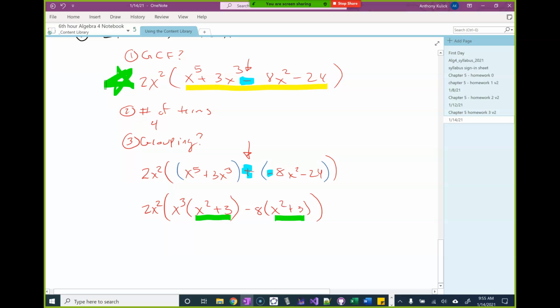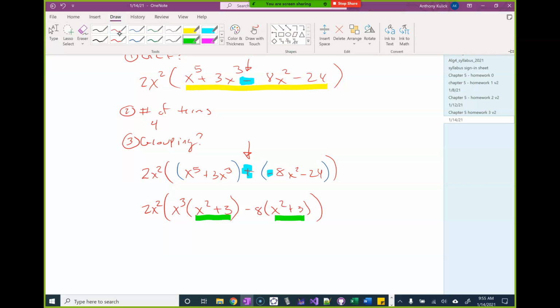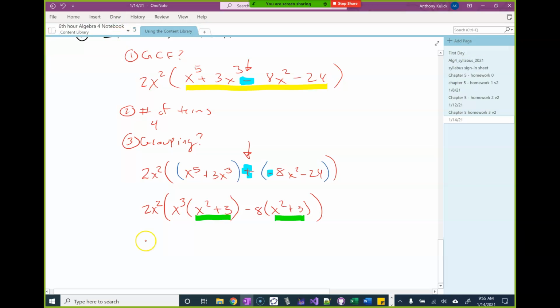So I can take out that x squared plus 3, I'll factor that out, and that leaves me with the x cubed minus 8. Now I need to check each of these factors to see if I can do more. So the x squared plus 3 has two terms.